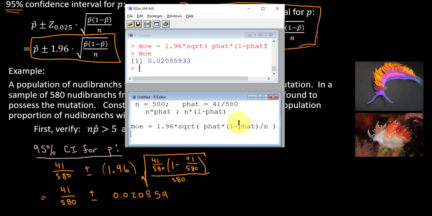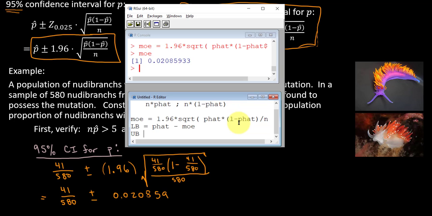Now I will create the lower and upper bounds for this confidence interval. So I need p hat minus the margin of error, and my upper bound will be p hat plus my margin of error. Let's watch it run. Okay, no errors, that's always good.